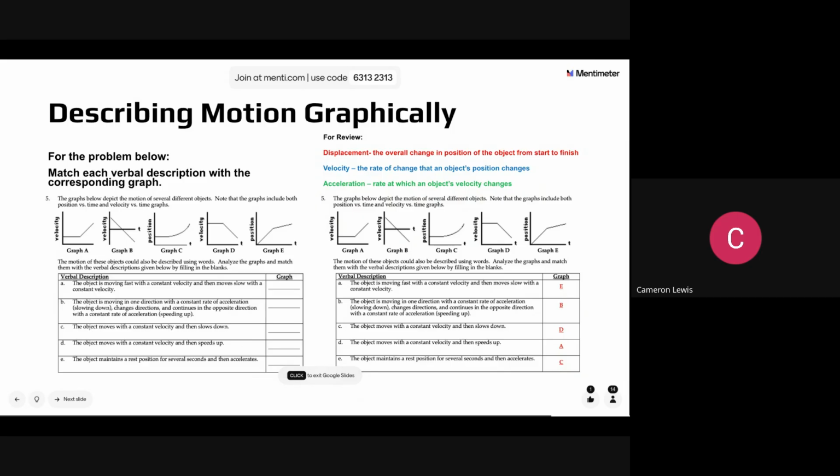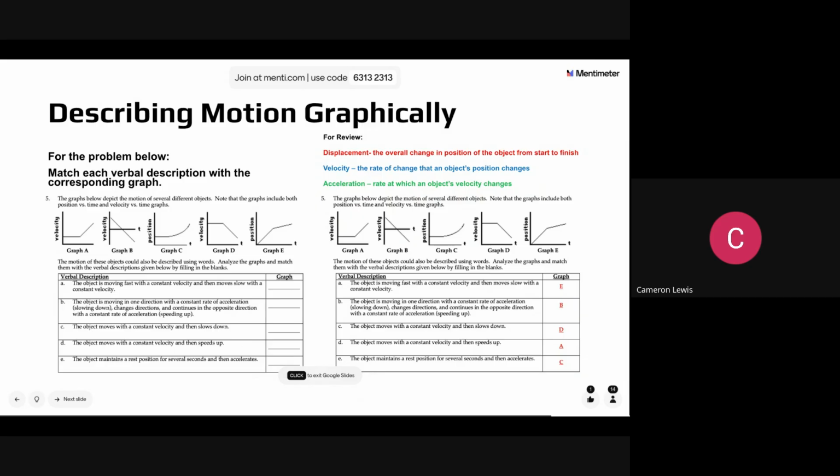I'm looking at graph C only because it was position. Which verbal description talks about something accelerating? That is true, yes. So E, right? So that literally that one right there, right? So the object maintains a rest position for several seconds, then accelerates, right?